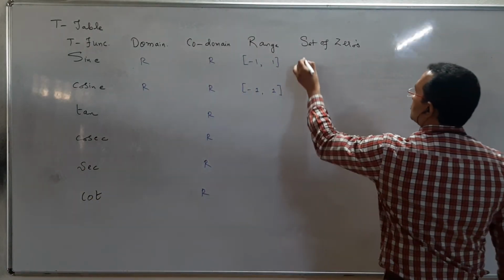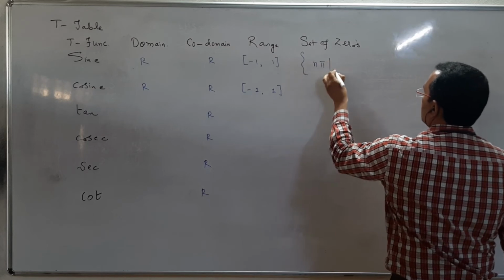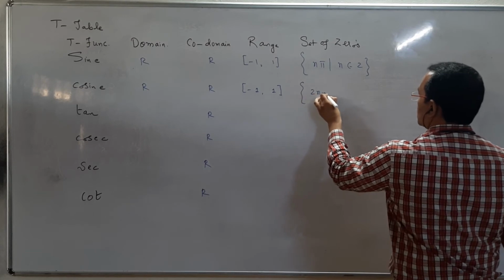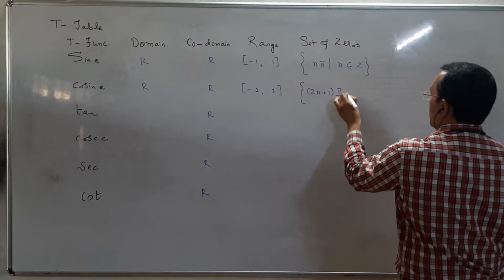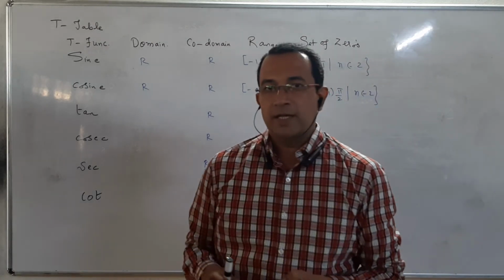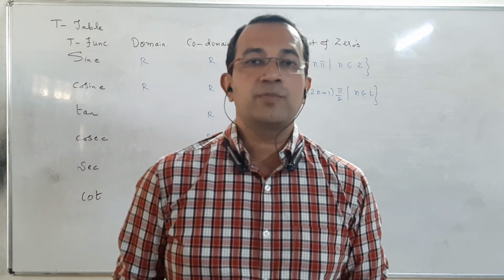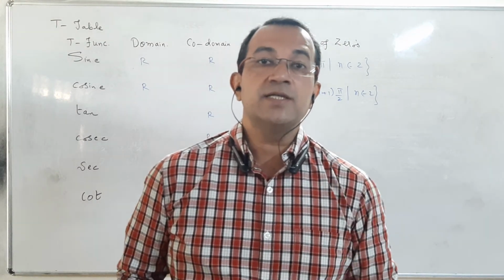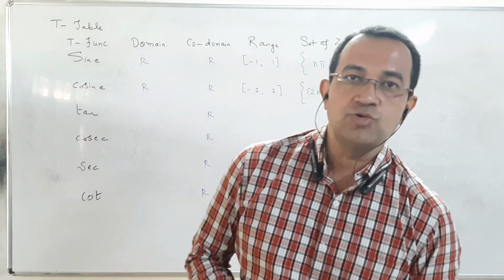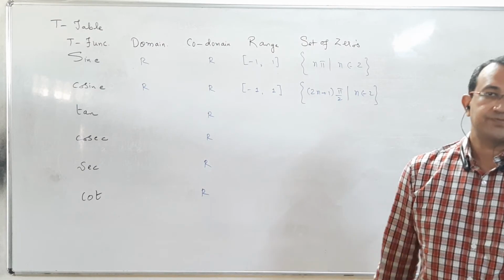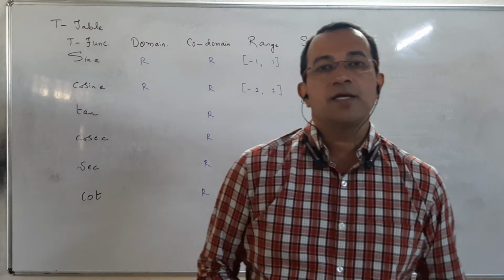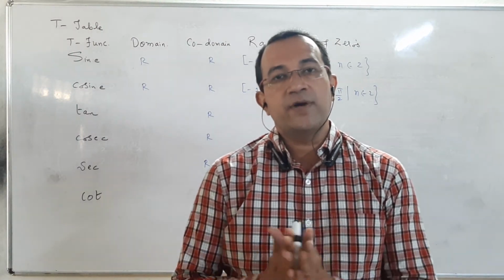Set of zeros of sine function is n pi, where n belongs to Z, and set of zeros of cosine function is (2n plus 1) pi by 2, where n belongs to Z. Means on the unit circle at 0, pi, 2 pi, 3 pi, 4 pi, sine theta is 0, and at pi by 2, 3 pi by 2, 5 pi by 2, 7 pi by 2, cos function is 0. So set of zeros means those angles where the respective function has a value 0.